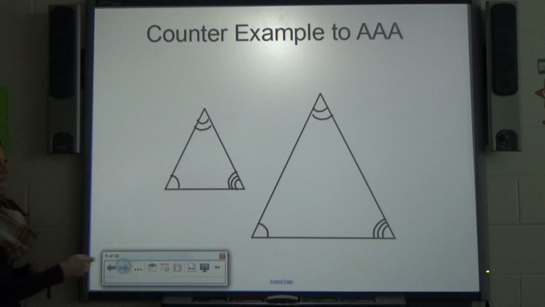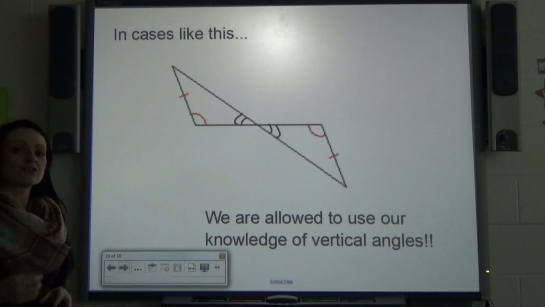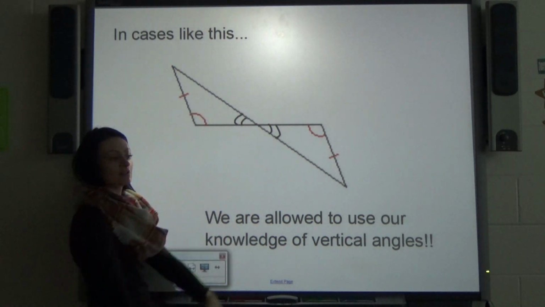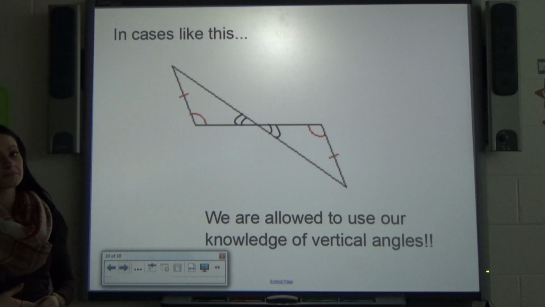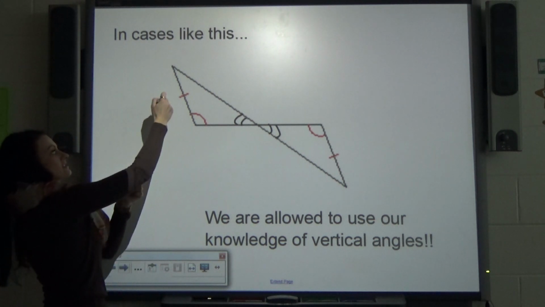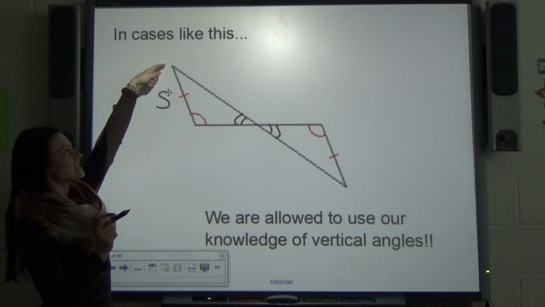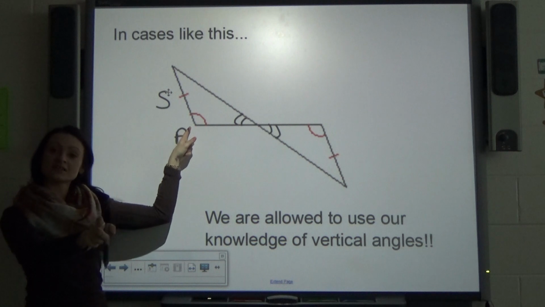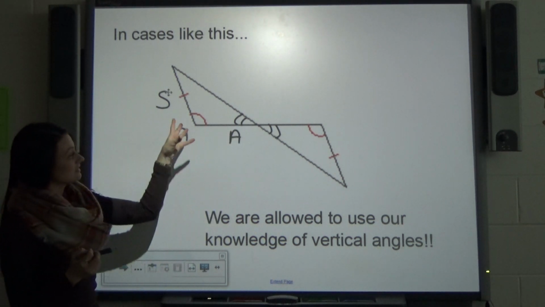And the very last thing that I'm going to tell you you're allowed to use, I can use my vertical angle knowledge and know that my vertical angles are congruent in order to prove that triangles are congruent. So let's see what this one would be. So I'm going to start here. I've got a side that's marked. Can't travel up here. There's nothing attached. But I can travel to this angle. And because I know vertical angles are congruent, I'm allowed to use that as an angle.